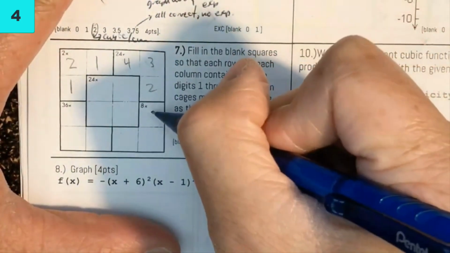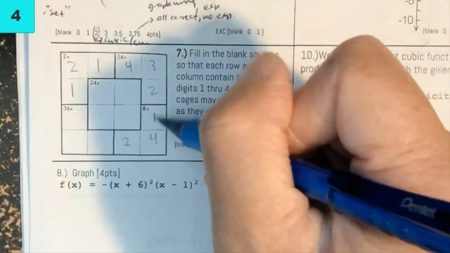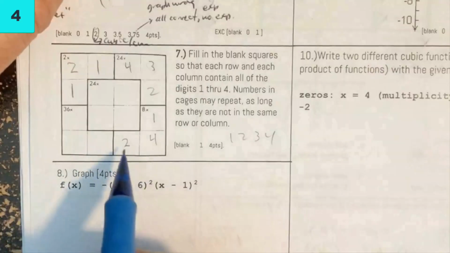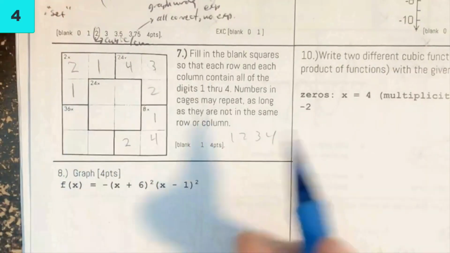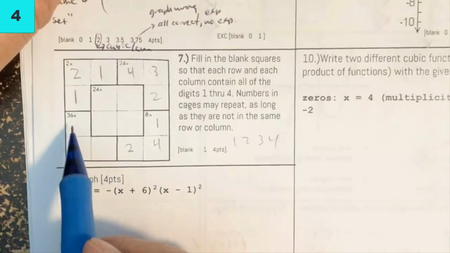Now I can do something like 1, 4, and 2. 1 times 4 is 4, 4 times 2 is 8. And again, I can switch the position of the 4 and 1 later if I need to. Let's keep going. And you could have done this in multiple ways. I'm just showing you what I'm doing. That's the first time I'm looking at this problem.